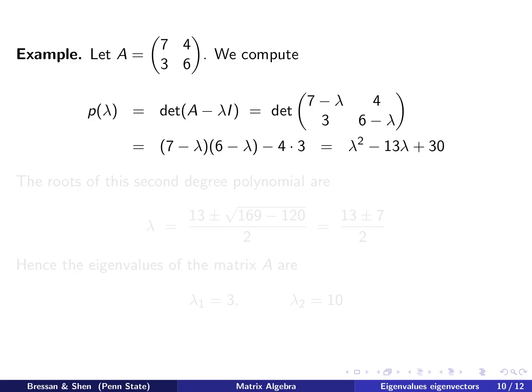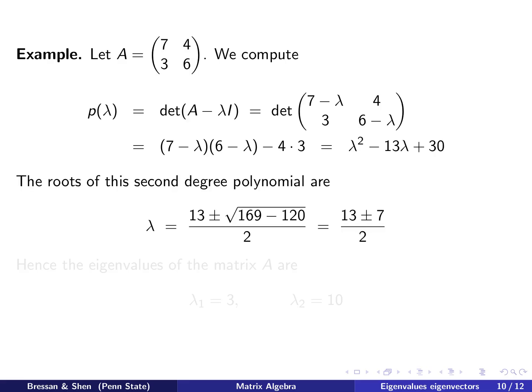This determinant is the product of the two diagonal entries minus the product of the other two. One can open this up, combine like terms, and write it as a polynomial of degree 2 in lambda. And that's what we will get.